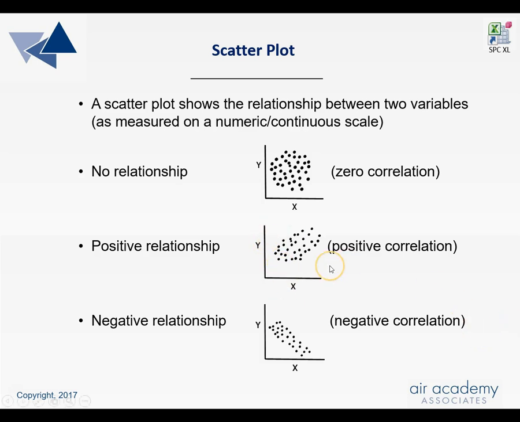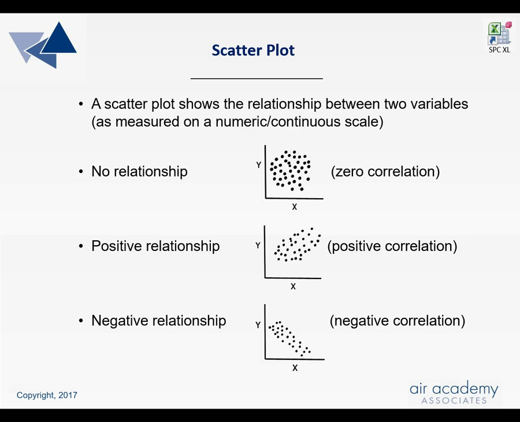For example, you might see something like this when you look at x being shoe size and y being the height of an individual. Clearly, as the shoe size gets bigger, as x gets bigger, the height of the individual gets bigger. That's not necessarily a causal relationship, but it is a positive relationship. That is, if you know one, you can predict the other one, but not necessarily a causal relationship.